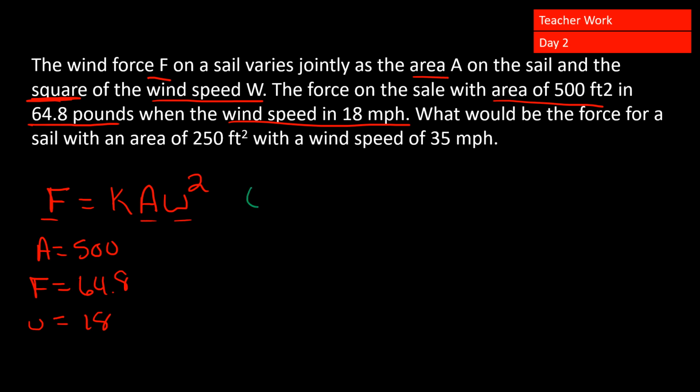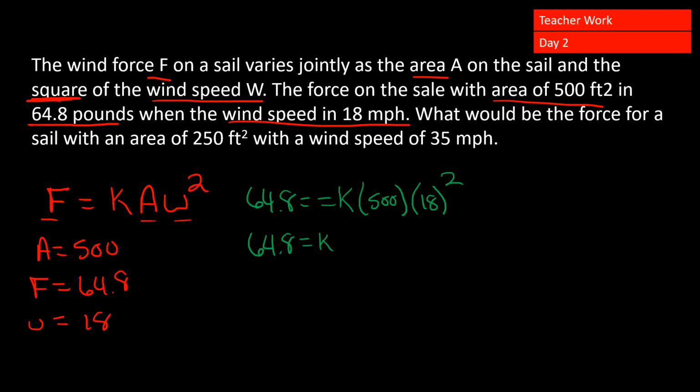So we're going to say 64.8, because that is the force, equals K times an area of 500 times a wind speed of 18 squared. Okay, so let's start simplifying this a little bit. 64.8 equals K. So let's do 18 squared.